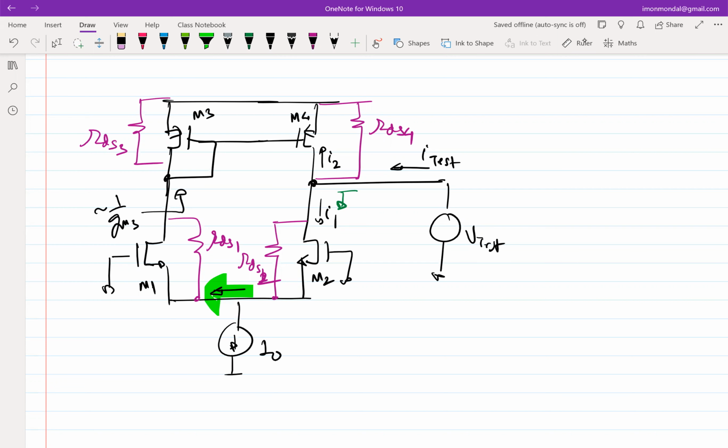Okay, so now if you use the principle that if the current has to divert between 1 over GM and RDS, we'll assume that all the current flows into 1 over GM. So what is the impedance looking into the source of M1 then? Approximately 1 over GM1. So now you can say that looking into the drain of M2, this is what it looks like.